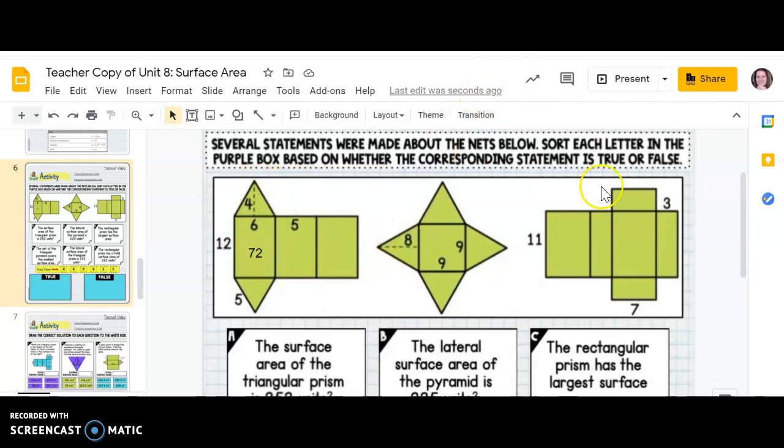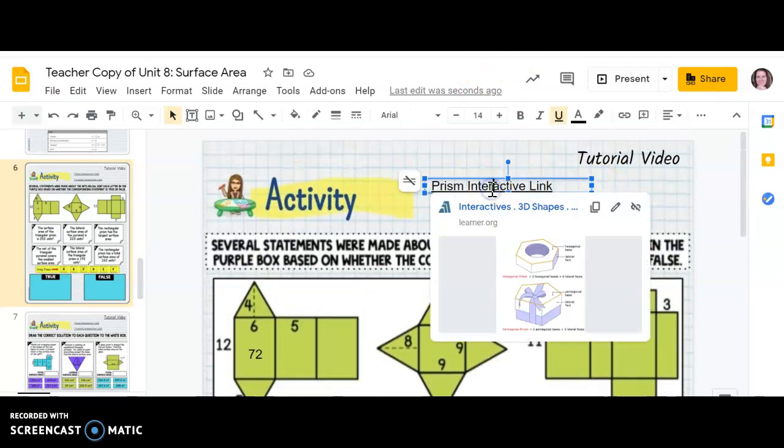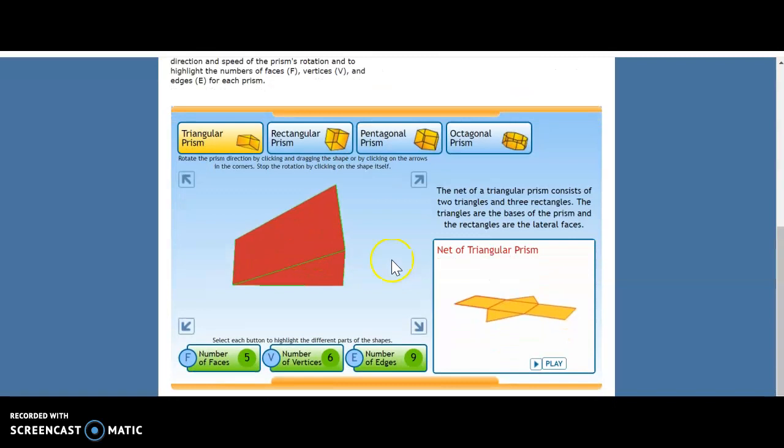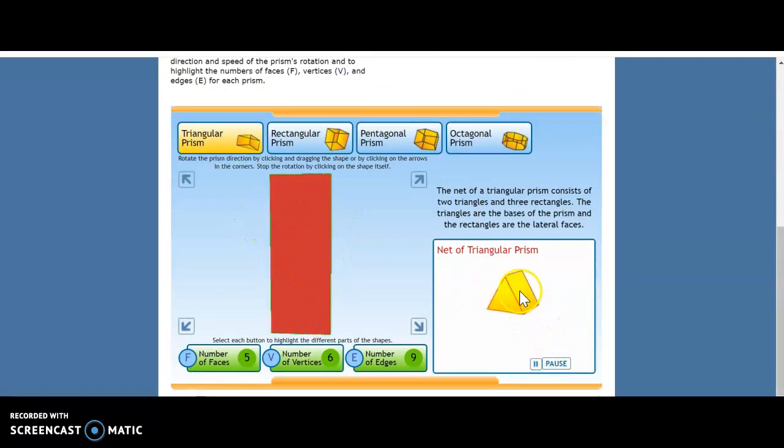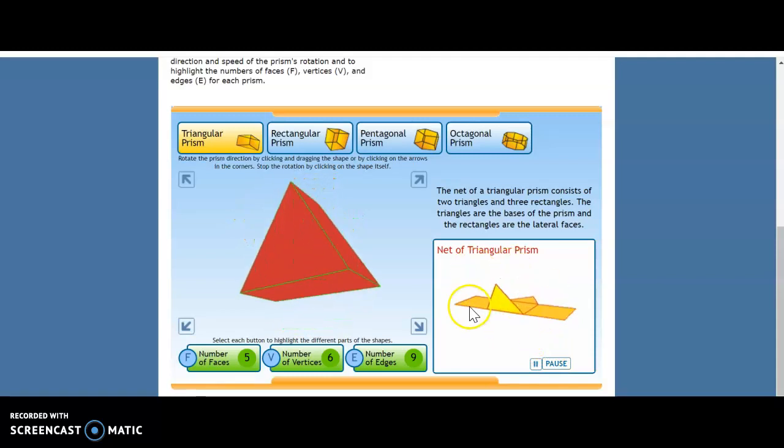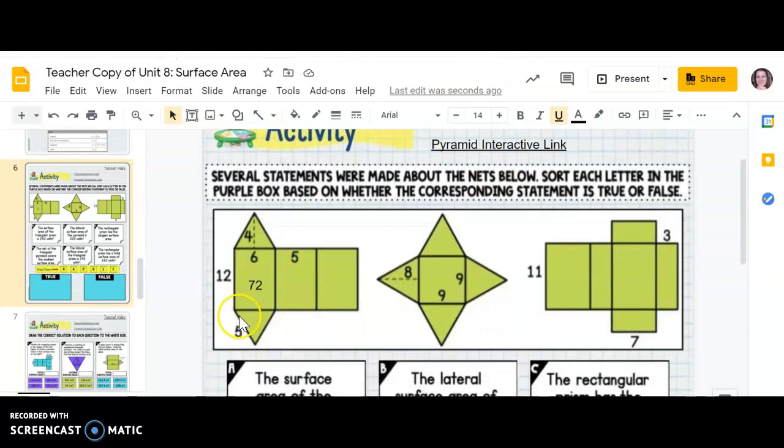When I click on this and go down to the triangular prism, this one and that one match this triangle here. So this is 5, I know these lengths are going to be 5 because they match up with where the sides of the triangle are.